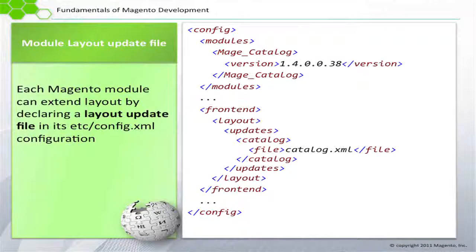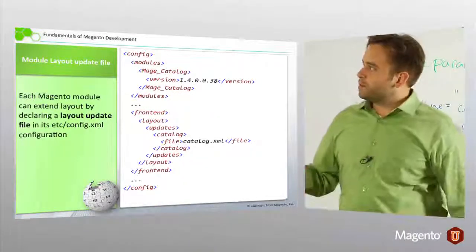So first thing, if we have for our module, and this is done for the core modules as well, if we want to use our own layout XML file, and remember, all it is is just another spot where we're specifying layout XML because layout XML is all merged.